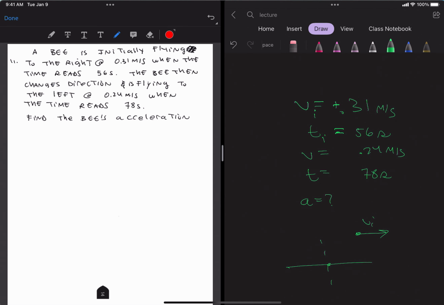Next, it says later it's flying to the left at 0.24. So when you see it again, it's moving in that direction, to the left, so the final velocity is negative. So the 0.24 is negative, and that's going to correspond to the time of 78 seconds. And we're trying to find the bee's average acceleration between those 2 points.